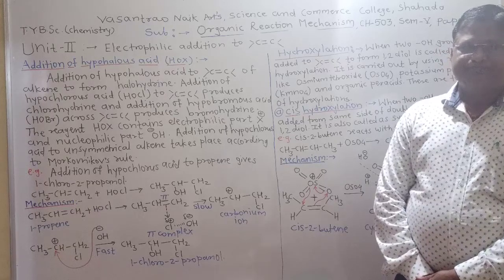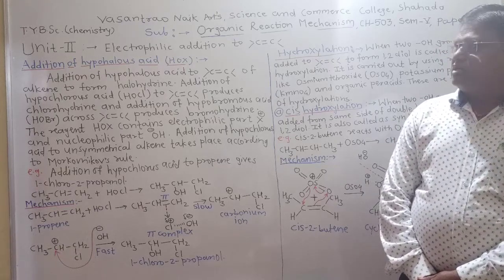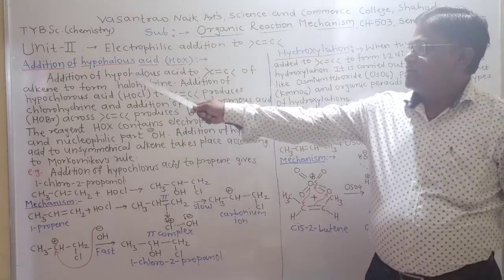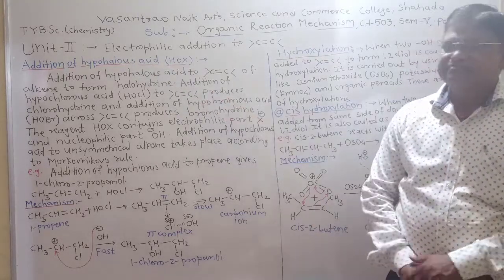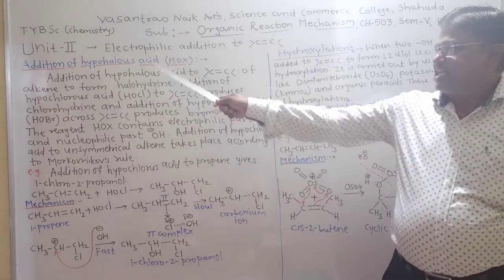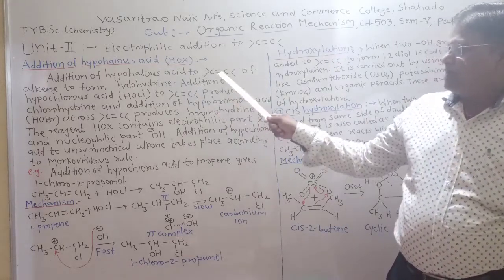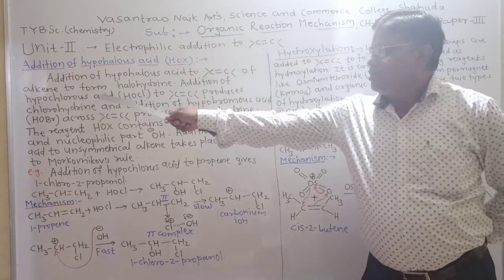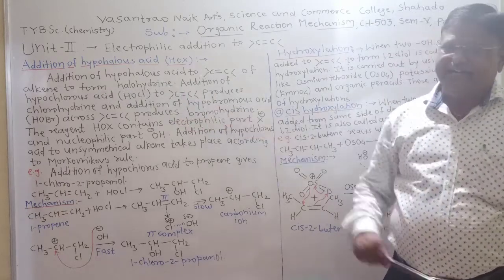Hello friends, today we are going to learn addition of hypohalous acid. Addition of hypohalous acid to the carbon double bond of alkene forms halohydrin.